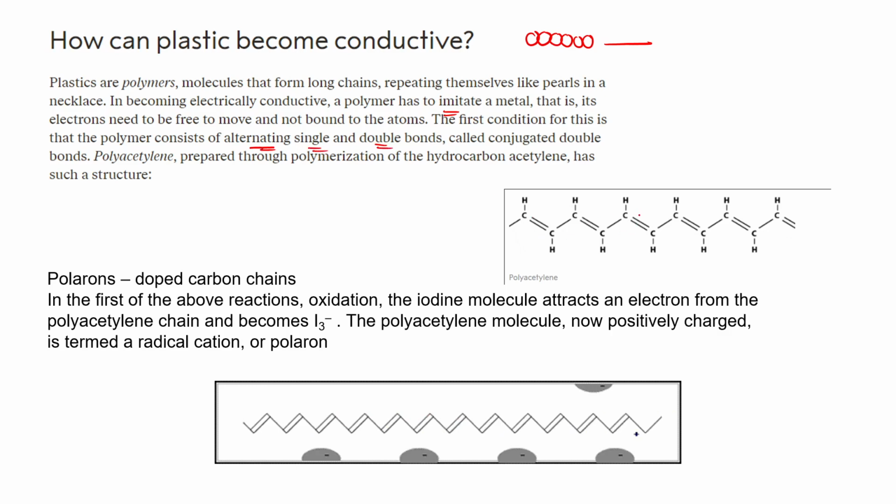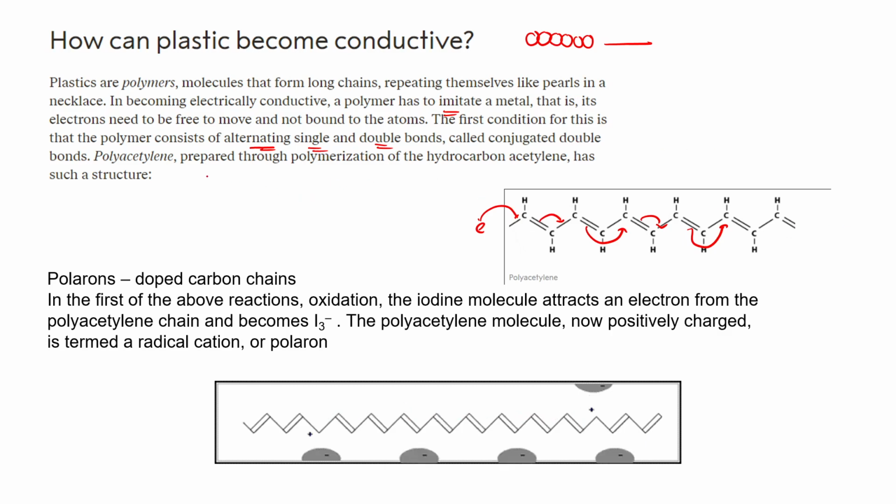This kind of chain is needed because only then can the electron migrate from one place to another. You see here, this kind of thing is needed, like the resonance, so that the electron can also migrate like this and it can conduct electricity.